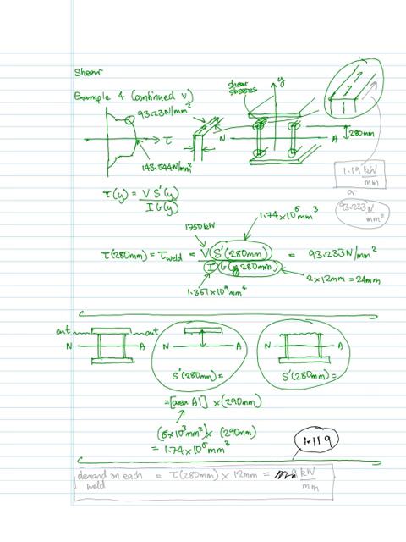So we could then say demand on each weld is going to be equal to tau at 280 millimeters multiplied by the thickness of each web.